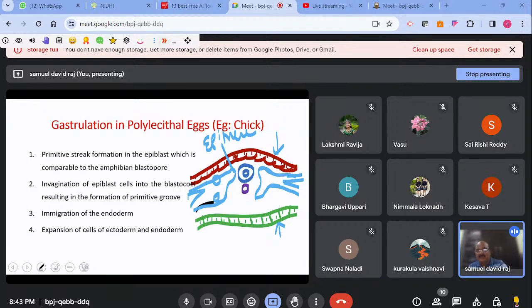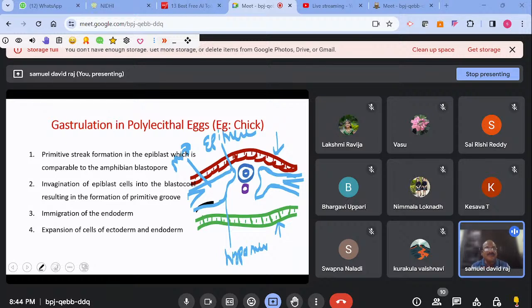And the one below becomes the hypomere, and the one between these two becomes the mesomere. So thus mesoderm is again divided into three: epimere, hypomere, and mesomere.